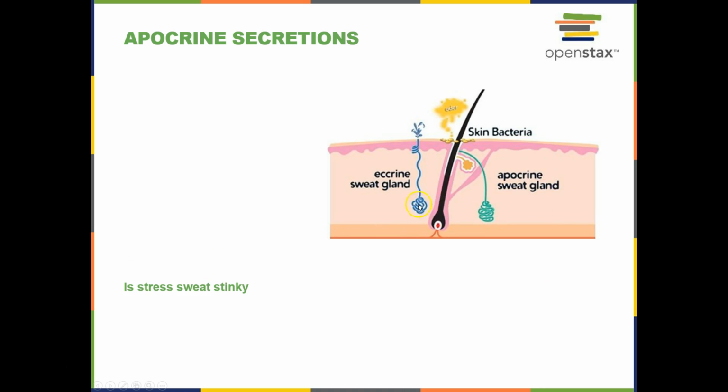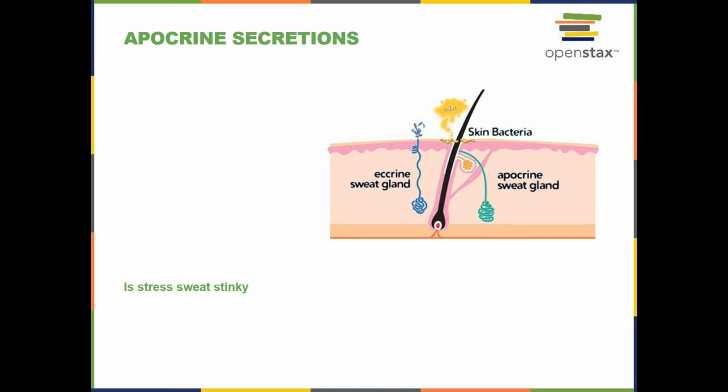And so here you have eccrine sweat glands that release sweat directly to the surface to cool our body off. Apocrine sweat glands are associated with our hair follicles, and they're found in two regions of the body. They're found in the genital region, and then they're found in the axillary region. These sweat glands become activated at puberty. And so the sweat that they secrete is more of an oily sweat associated with stress.